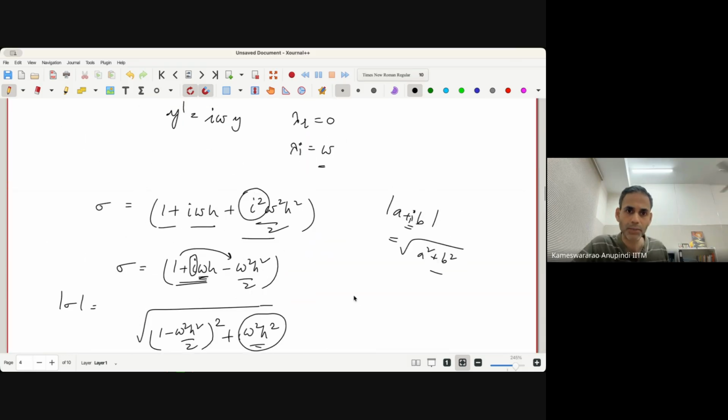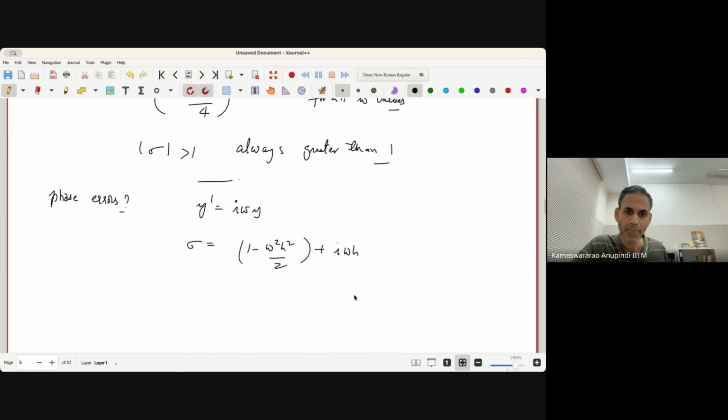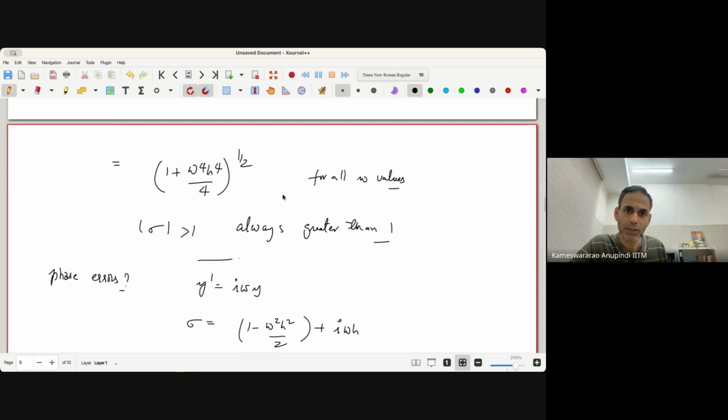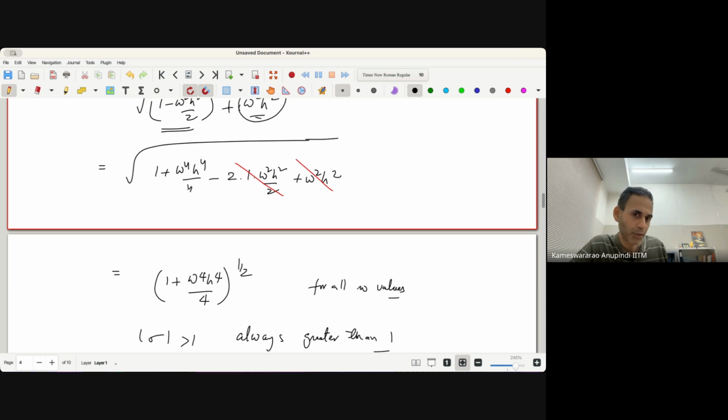That is my sigma. This is nothing but a times e to the power i theta. We already know a, which is the square root of 1 plus omega to the power 4 h to the power 4 by 4.